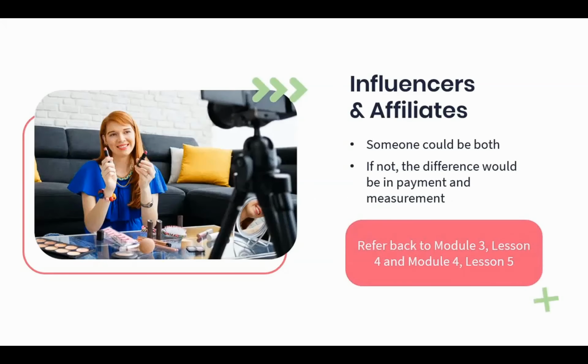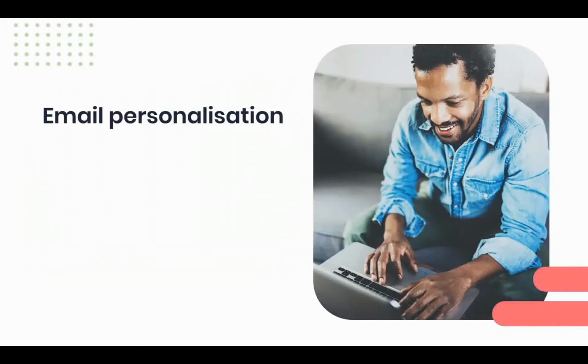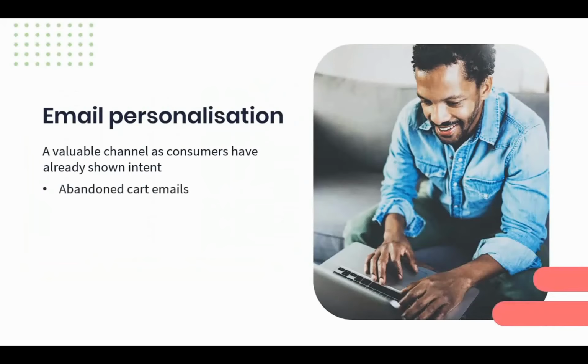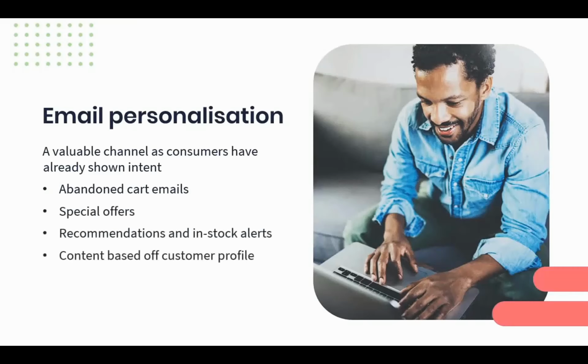Then we have email personalization, which is a very valuable channel, as consumers have, of course, already shown intent by agreeing to receive communication from you. Some examples of emails that you could send out would be abandoned cart emails, so reminding them that they have things in their cart, special offers, recommendations and in-stock alerts, and content based off the customer profile.